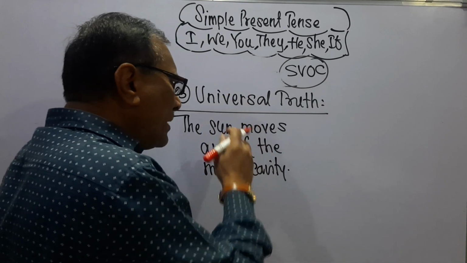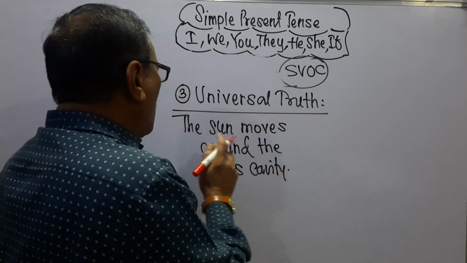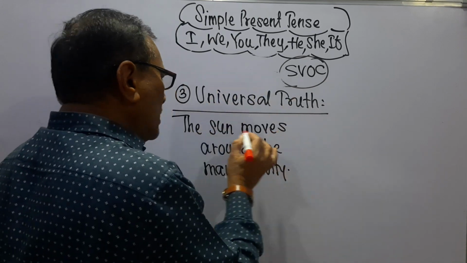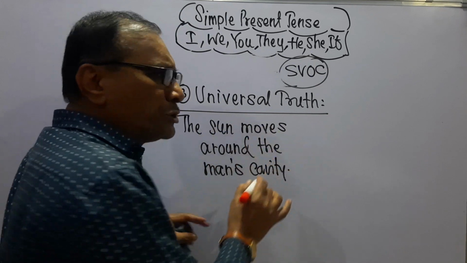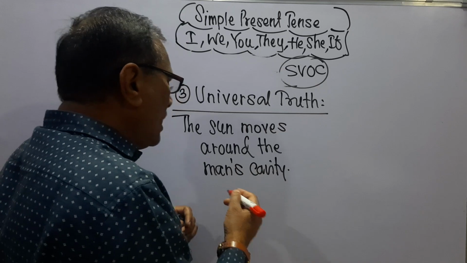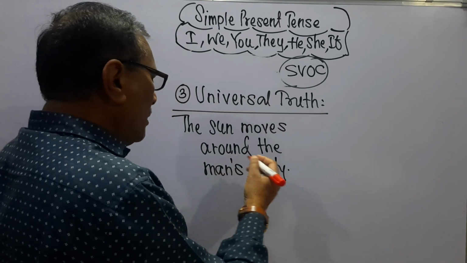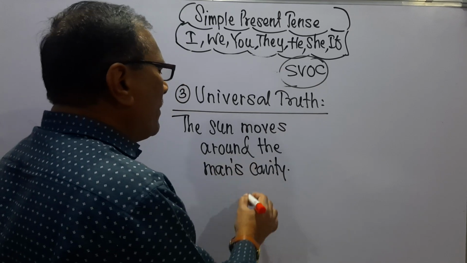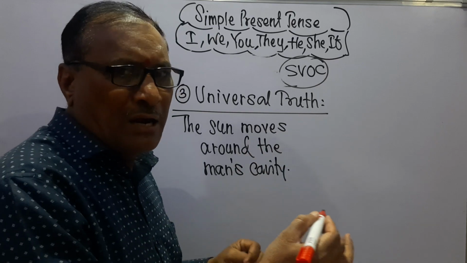This example shows a universal truth, because the sun moves, meaning the sun does the action of moving, always around the mankind's welfare, for man's welfare, I will tell you.